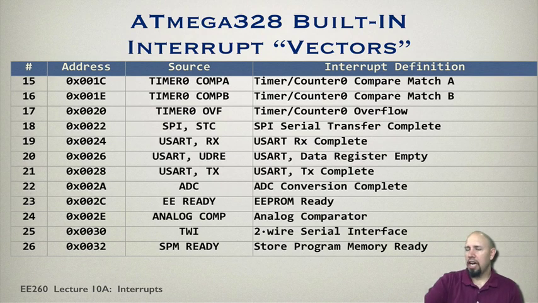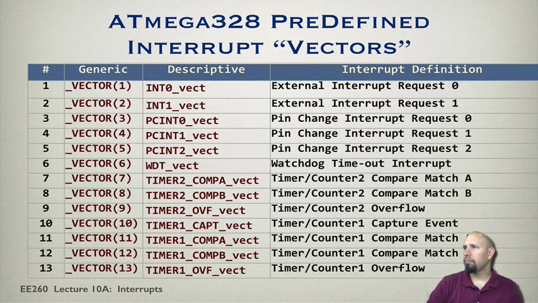We also have these timers, again, timer 0 stuff. We have the SPI, USART. Notice that there are 3 associated with USART. Analog to digital converter, EEPROM, analog comparator, 2-wire interface, or I2C, and store program memory ready. So these are all of the interrupt vectors.